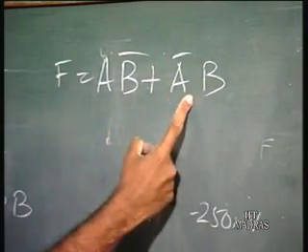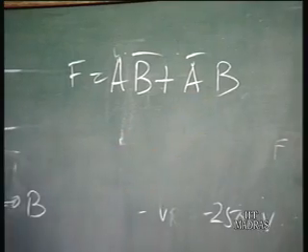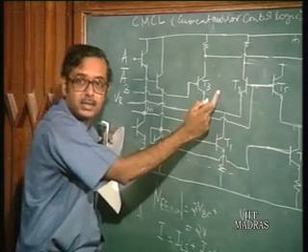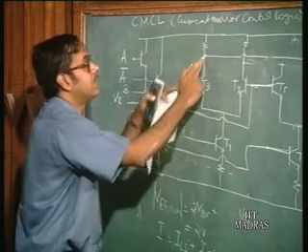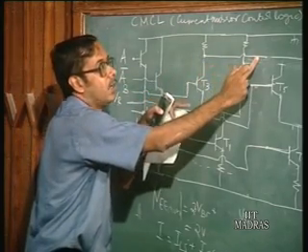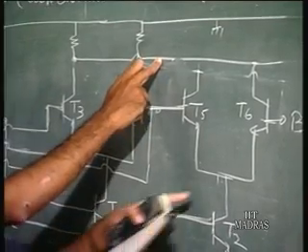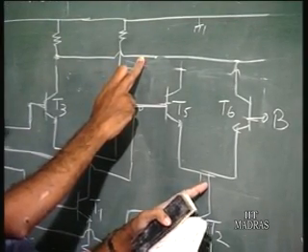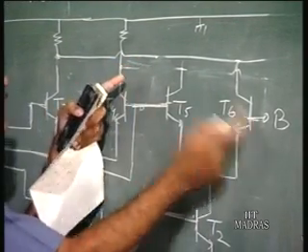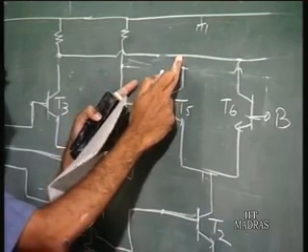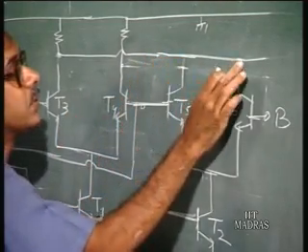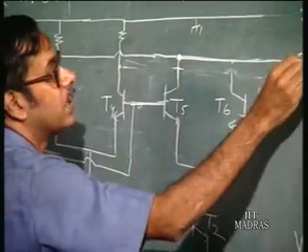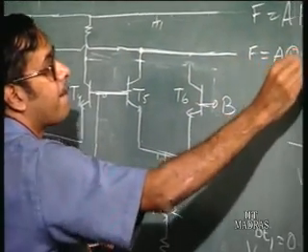When A is low, F is B. When A is high, this part is on, and this is B bar. When A is low, this circuit is on, and the output should be B. If this is B, you get B here, isn't it? So, you should short these two outputs here, and this is going to be F, A exclusive OR B.